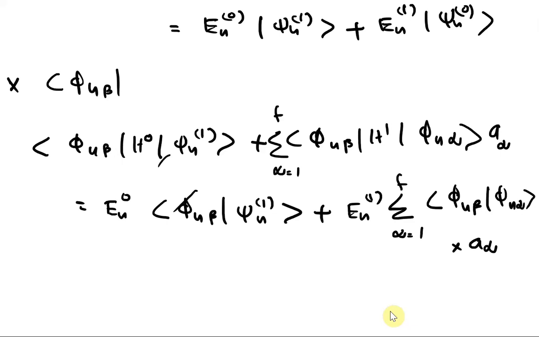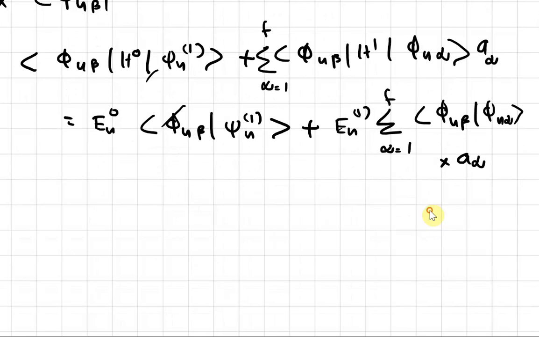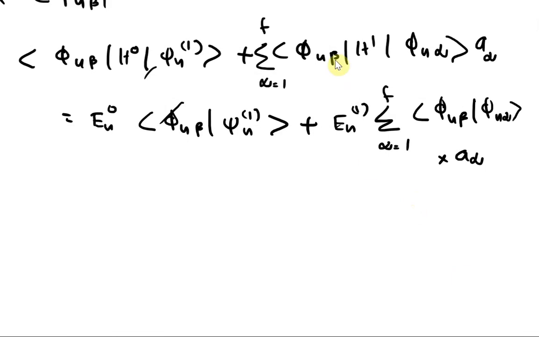What you will be having later is this term equal to this term. Both of them have sigma alpha running from 1 to f, so I'll write it commonly, sigma alpha running from 1 to f.